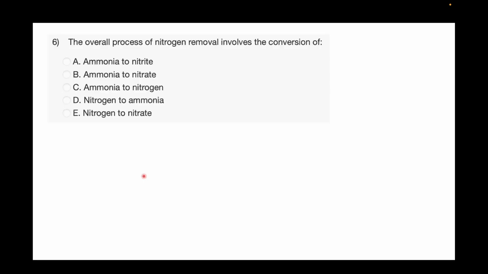What is the purpose of overall nitrogen removal from wastewater, and what is the conversion that we are aiming at? Understood the question? Let's take a minute to find out the correct answer. Post your answers in the chat box and in the comment box of the YouTube section. I will revisit this question in a minute or two and then let you know the correct answer.